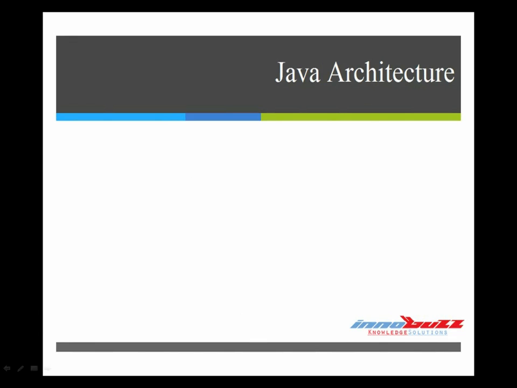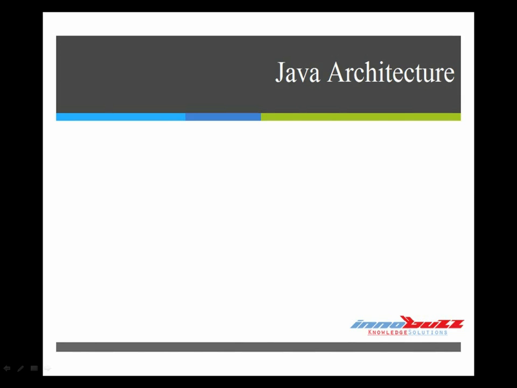Java architecture. When we are creating programs in the Java language, we are creating a Java file, a text file which has the Java extension. After we save it, we want our program to be executed, of course, and we want to run our program. Well, the Java architecture is built on providing the ability to run this application that we have created.